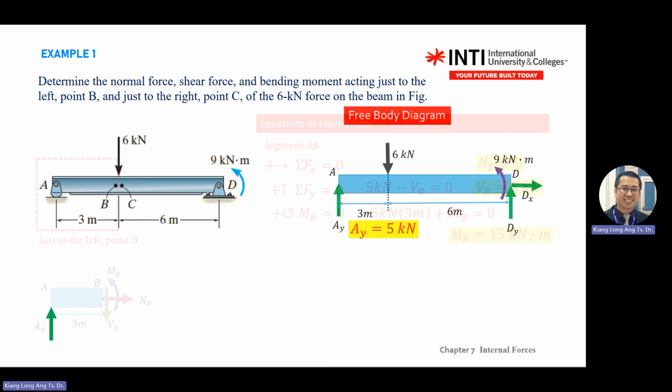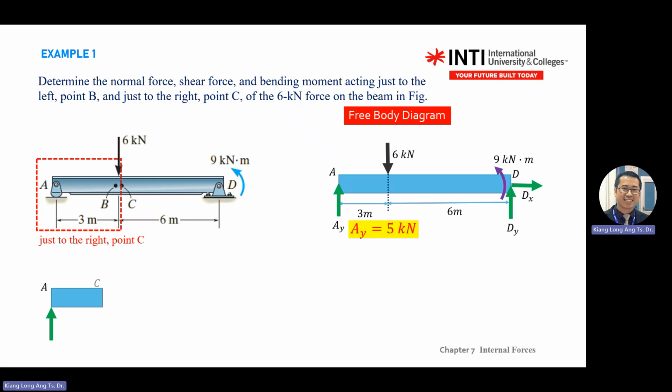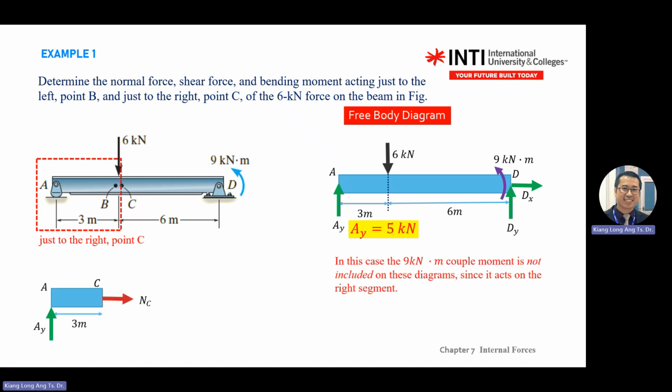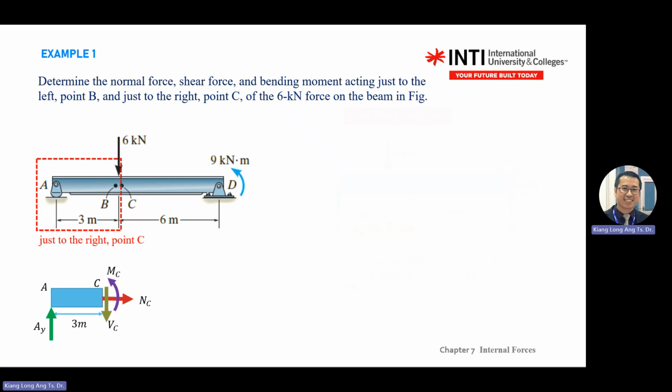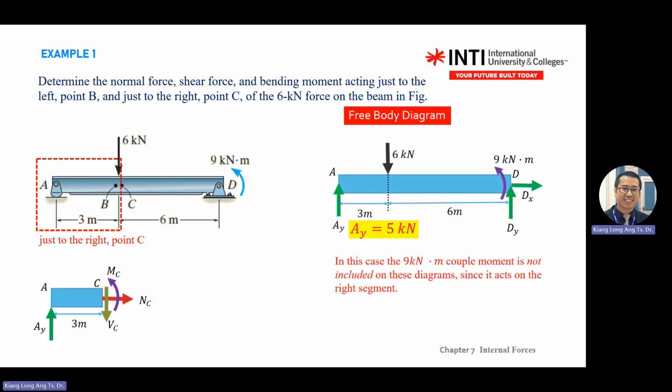you do for segment C. Same. Segment C, you already start to see 6 kilonewton. You cut C there. Wait, segment C also didn't see the 6. 6 is on the left-hand side of C, so the focus load was not pointing to the C, so no 6.